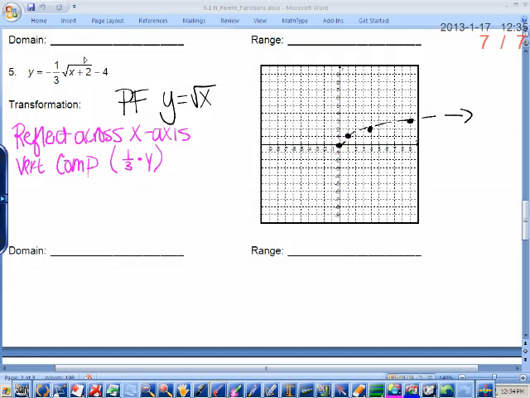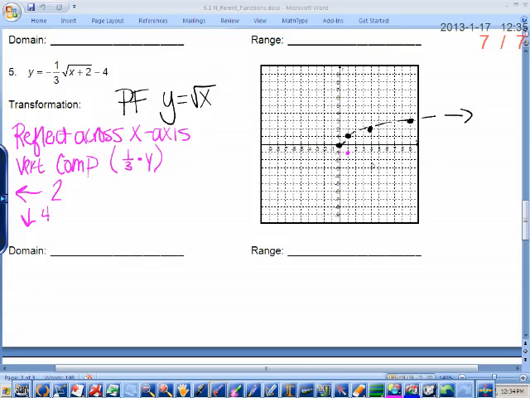What does the plus 2 do? Left 2. And the minus 4? Down 4. It's harder for me to visualize reflections, so when I have a reflection like this at the very beginning of my list, I'm going to plot my reflection.